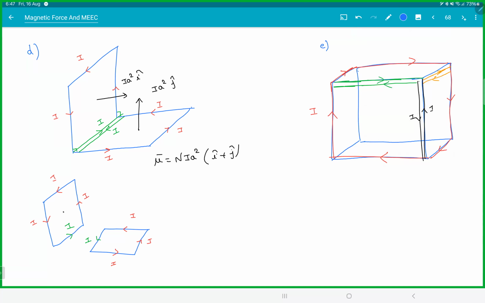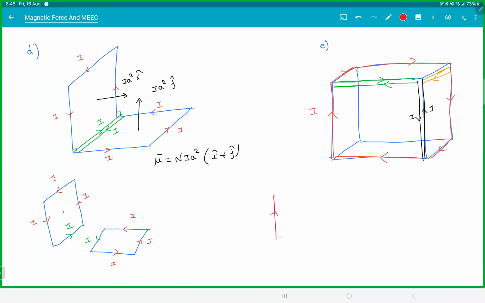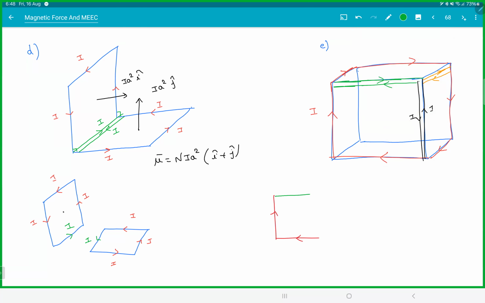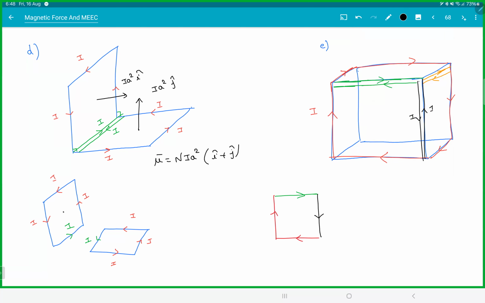So now we have one coil, which is constructed by one green one and one black one. The other one, this is that upper one.